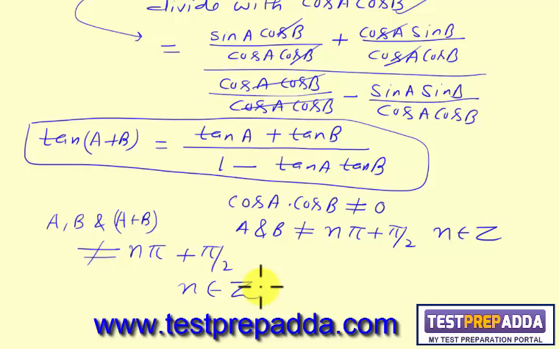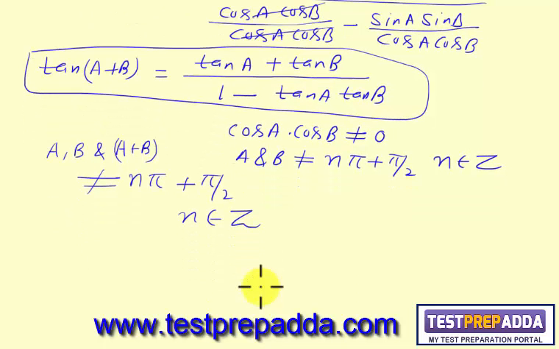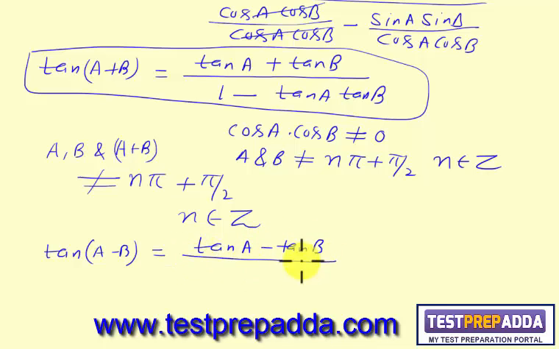Now, if I replace this B with minus B, here also I can write tan(A-B). What will that be? That will be tan A plus tan(-B). Tan(-B) is minus tan B. So minus tan B upon, here also tan A will remain tan A, but tan B will become tan(-B), and tan(-B) is minus tan B, and minus minus will become plus.